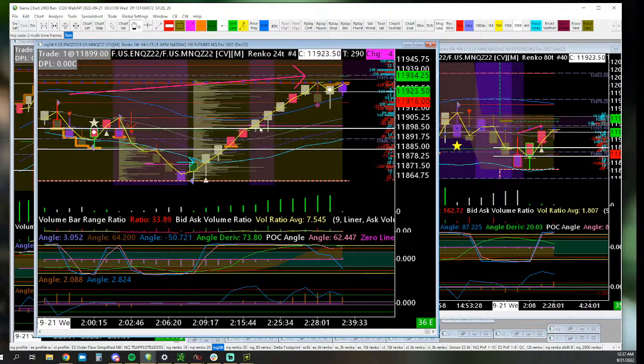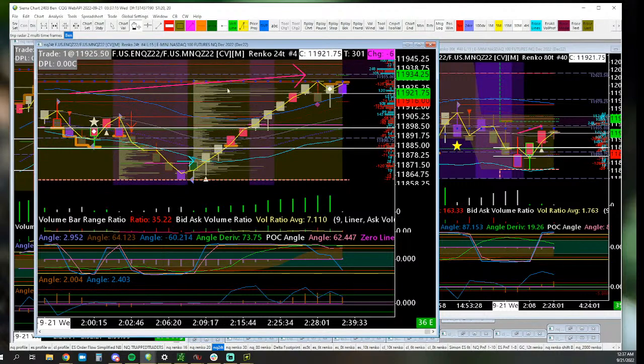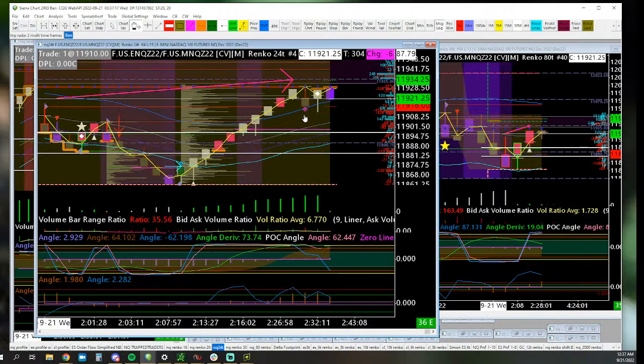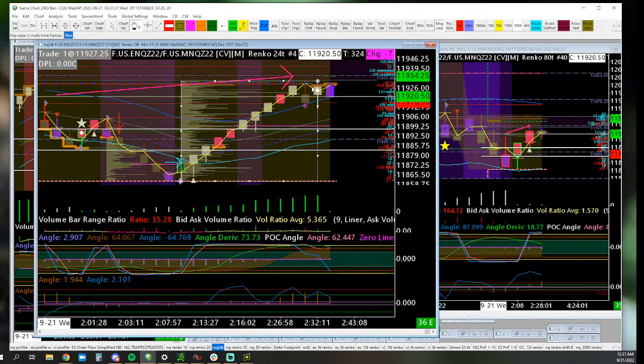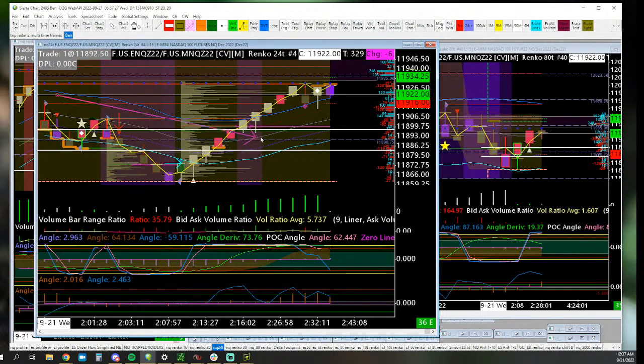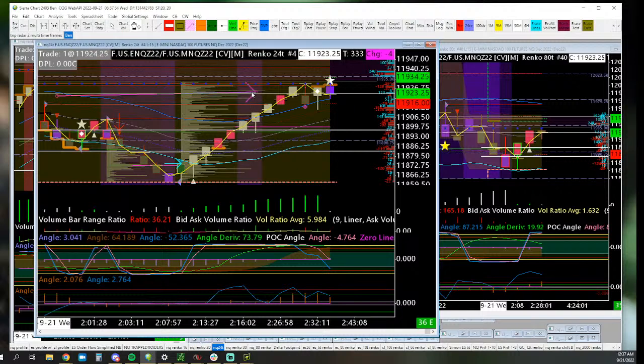It's not like people had their stops there, so I'm not totally sure, honestly, why the POC's in the middle. I really feel like it should be up here, and if we can get it up there and then they trigger short, it's actually a really good short. But the backtest is based on Sierra Chart's POC, so I'm not just going to say that I can visually see it so I can make an exception. No, I'm going to do what I'm supposed to do.